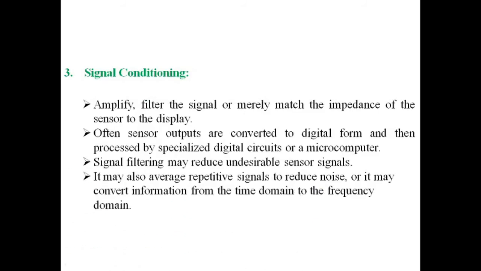The next block is the signal conditioning. We saw it, but now we'll focus once again on the meaning of signal conditioning. There are several purposes of having the signal conditioning block in the industrial as well as biomedical instrumentation system block schematic. The purpose could be amplification, filtering the signal, matching the impedance of the sensor to the display. Often, sensor outputs are converted to digital form and then processed by specialized digital circuits or a microcomputer.